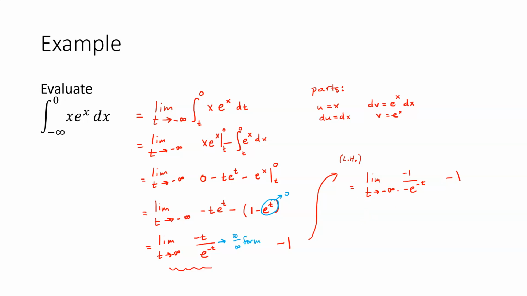Now taking t to -infinity, I can bring e to the negative t back to the numerator as e to the t. Then taking t to -infinity, it goes to 0. So in the end, we get a limit of -1.